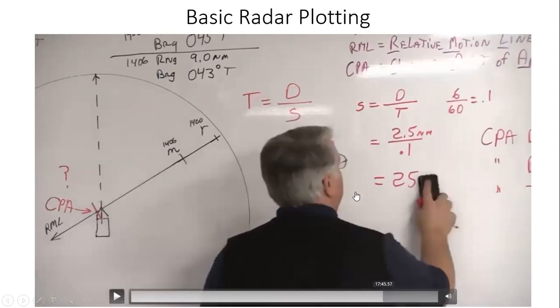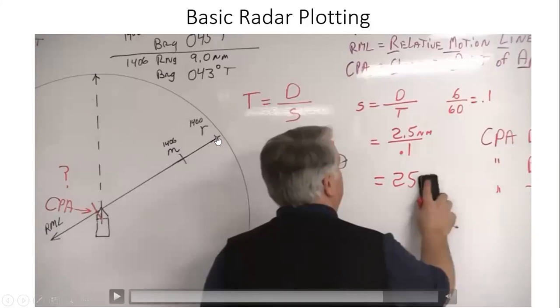So, the distance he measured is this. From this point up to this point, it is 2.5 nautical miles. Meaning, in 6 minutes, it traveled 2.5, because his observation was only from 1400 to 1406, that is 6 minutes.